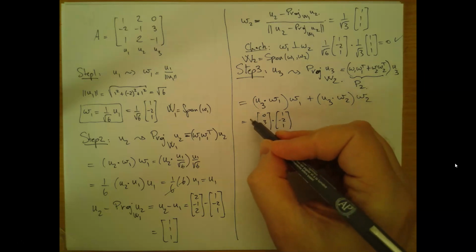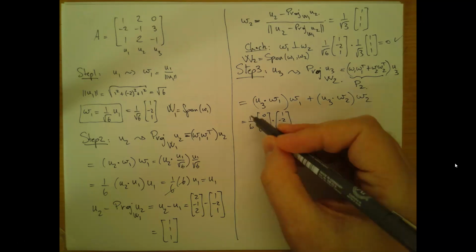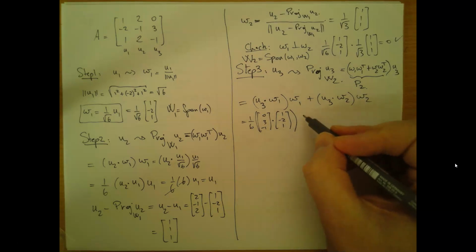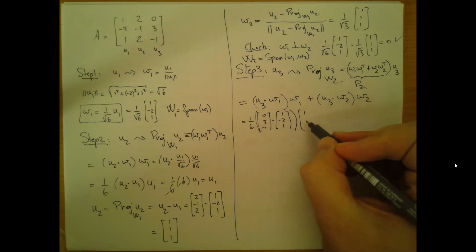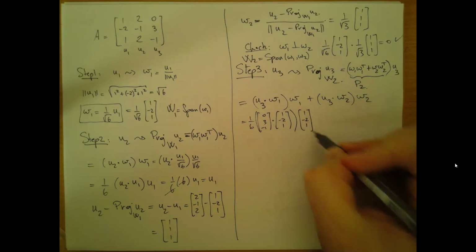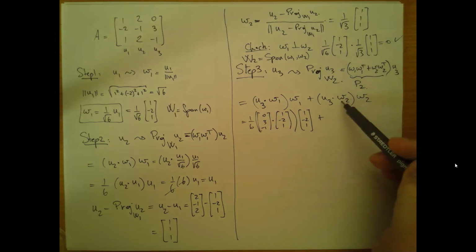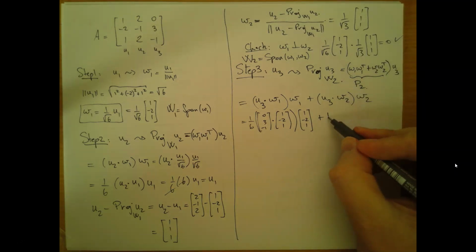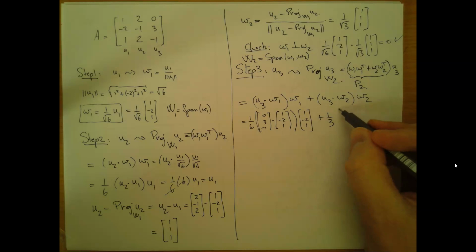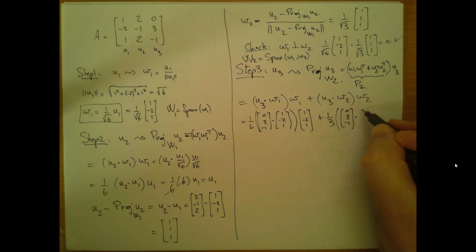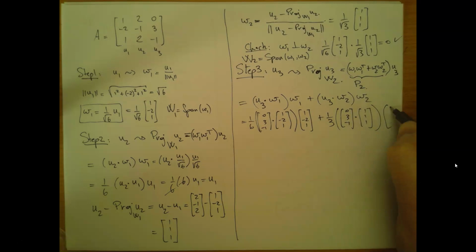So the root 6s add up to a sixth. Now for w2, there is a root 3 over here and a root 3 over there, so that comes out as a third. And then (0, 3, -1) has to be dotted with (1, 1, 1) and assigned to (1, 1, 1).